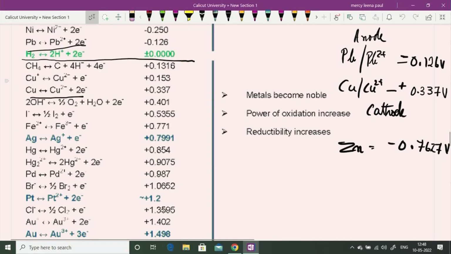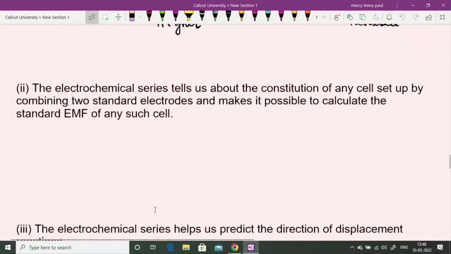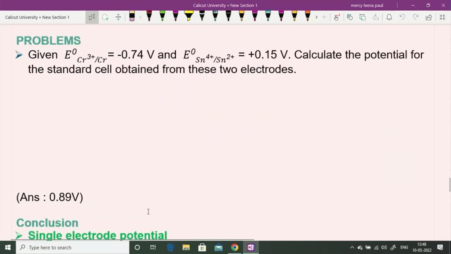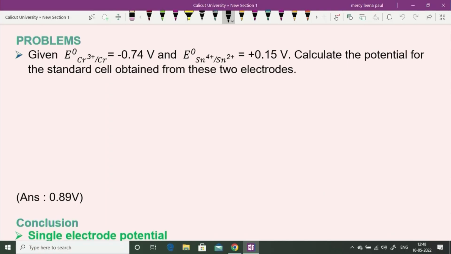Next, we will see a problem in which you have E naught of chromium given, that is E naught of chromium is equal to minus 0.74 volts, and that of tin is equal to plus 0.15 volts, and we are asked to calculate the potential of the standard cell, which is obtained by combining these two.